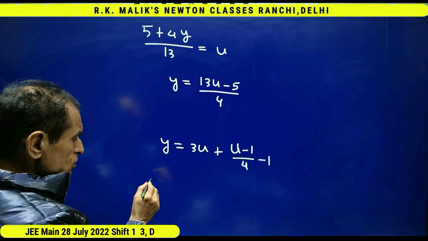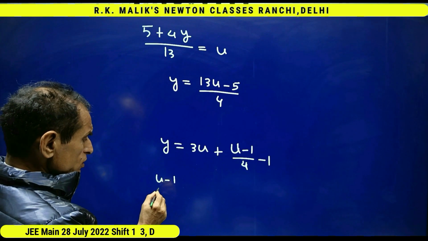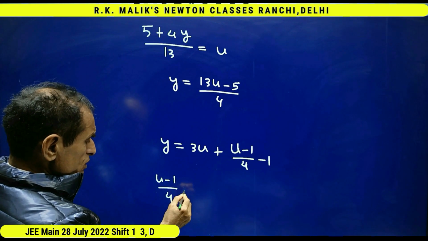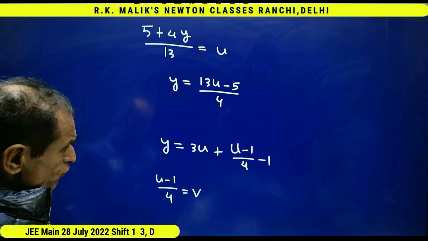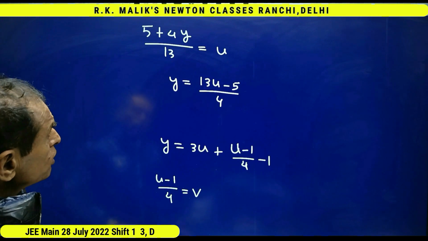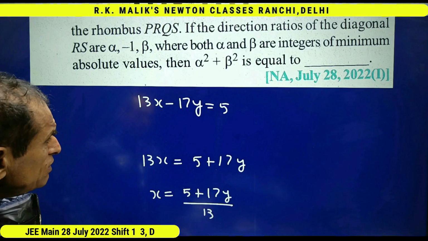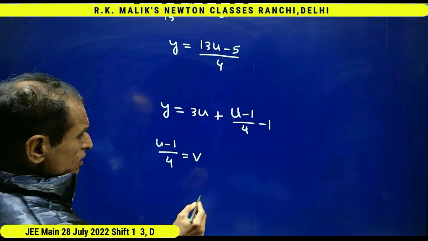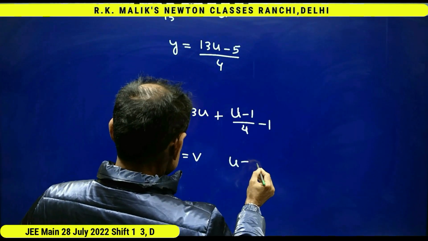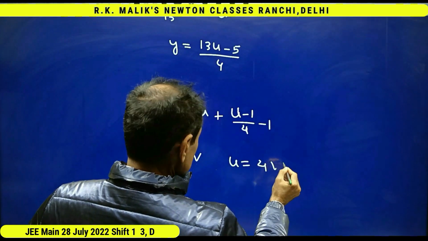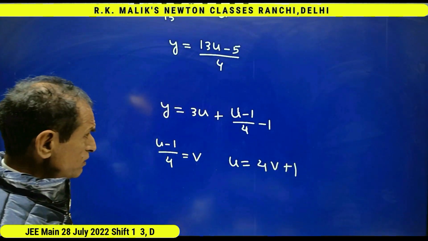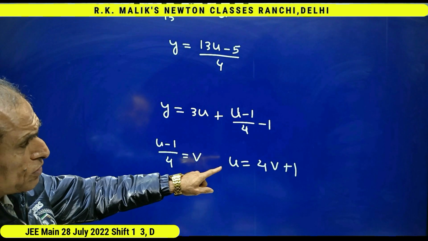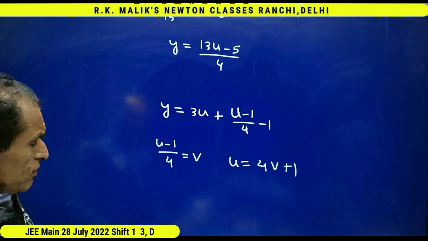What you will do now, you write (u minus 1) by 4 say equal to v, and now I will get the value of x and y both in terms of v. See how. Clearly u is equal to 4v plus 1, and now put this value of u here.